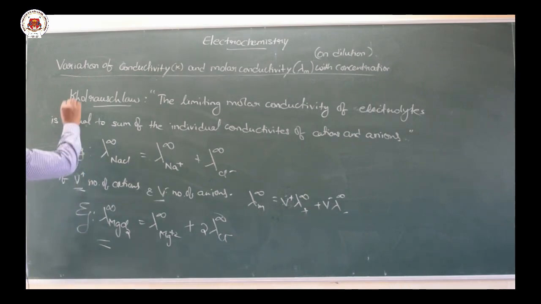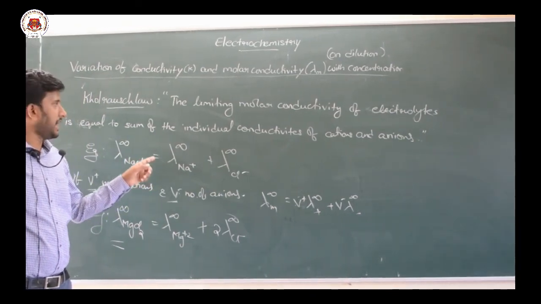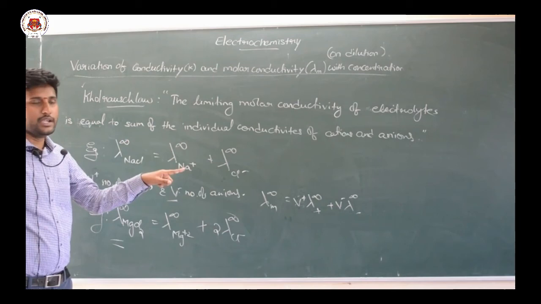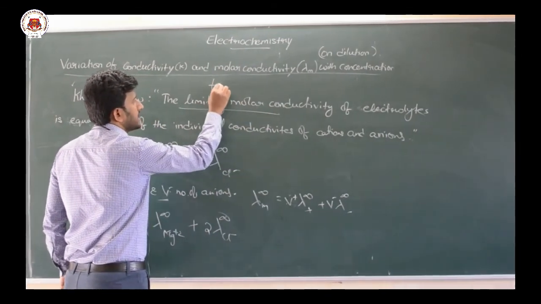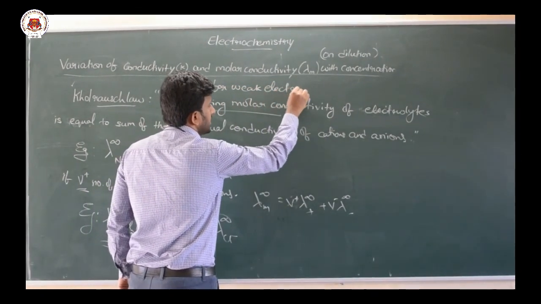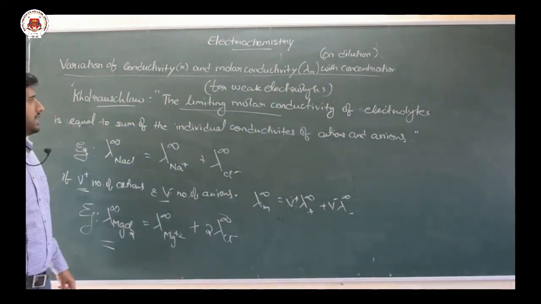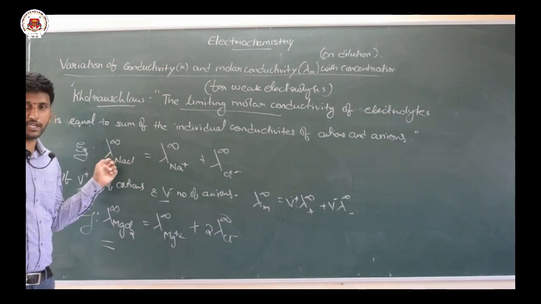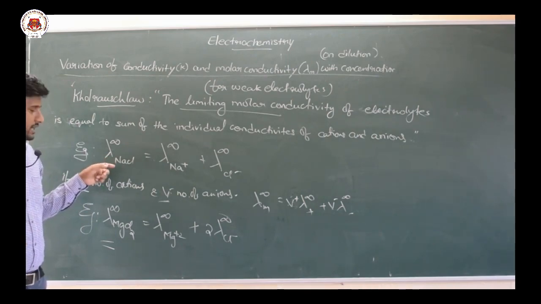He gave this based on studies of the limiting molar conductivity of different electrolytes, and the same thing can be applied to weak electrolytes also, because the Debye equation cannot give you the correct lambda infinity for weak electrolytes, since it is practically impossible to measure it by graphical methods.